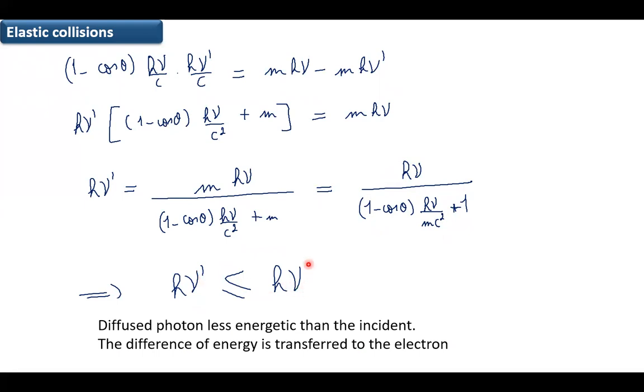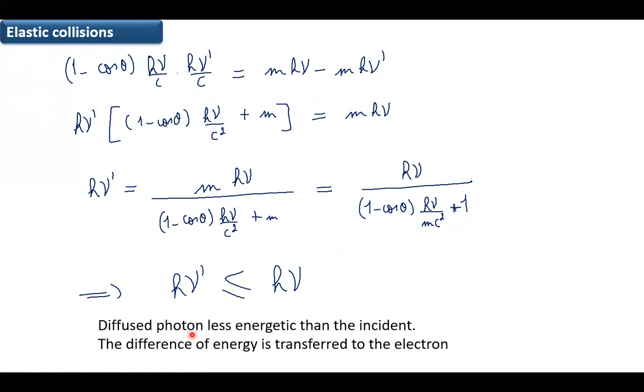And this is not strange because a diffused photon normally has less energy than the initial photon. So this is mathematically verified by this equation. You see that h nu prime is less than h nu.